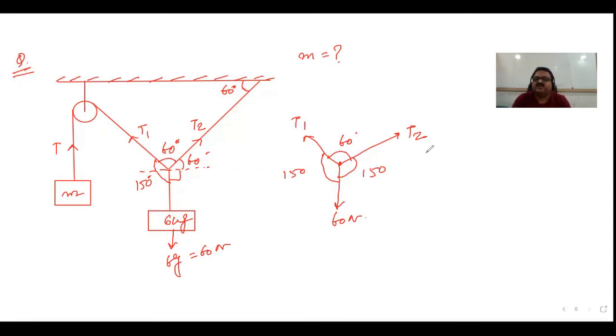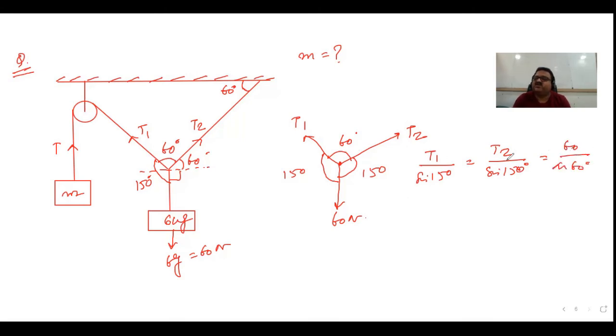Again, T1 by sine of 150, T2 by sine of 150, and T3, that is 60 by sine of 60.